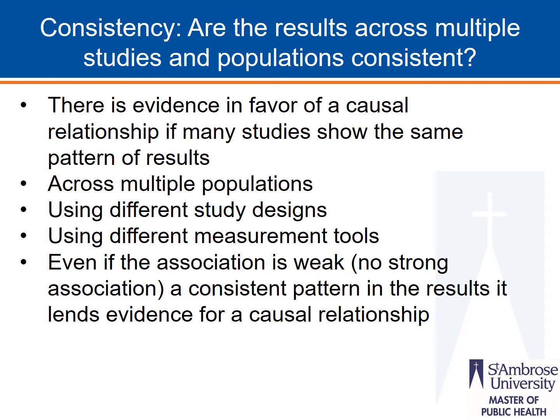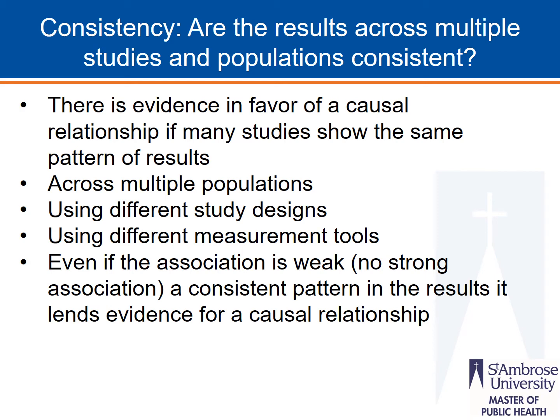If there is evidence for consistency, that supports a causal relationship because it means that many studies are showing the same pattern of results, and that pattern is shown across multiple populations using different types of study designs, longitudinal or study designs that are carried out over time, cross-sectional study designs that are carried out at the same moment, and also using different measurement tools.